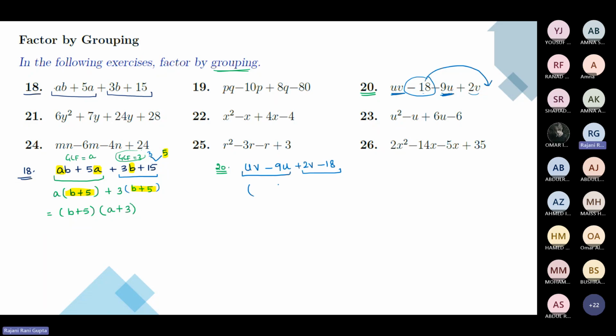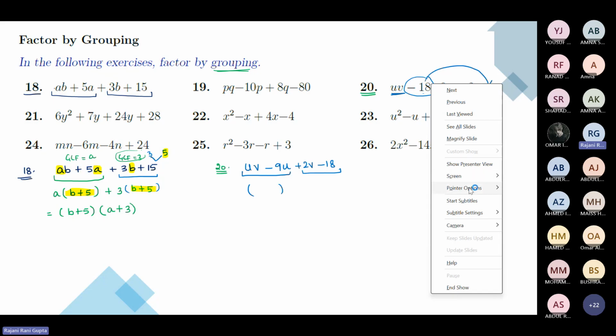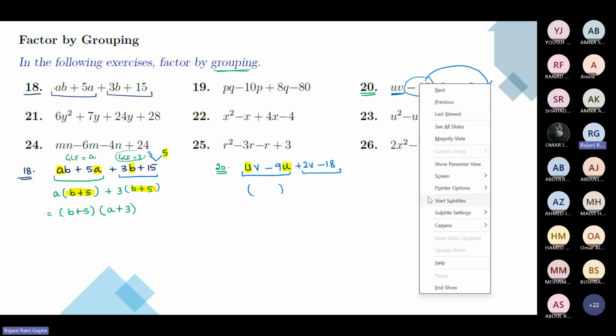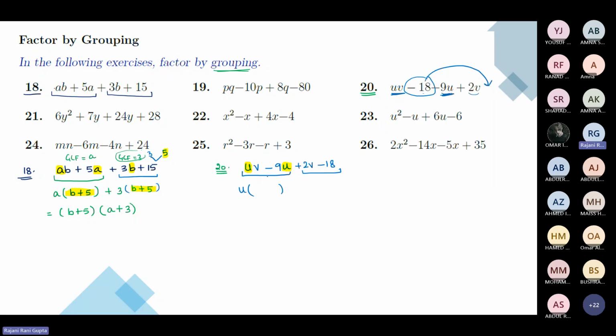Tell me what I can take common from these two terms, uv minus 9u. u times v. Yes, good. So it is u. Then we are left with v minus 9 plus.